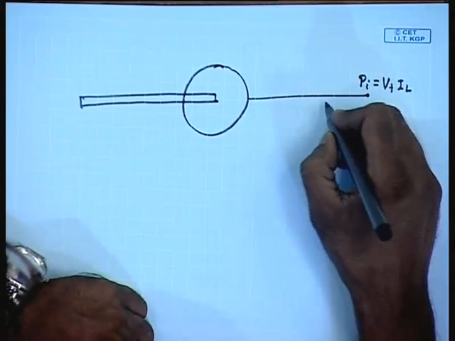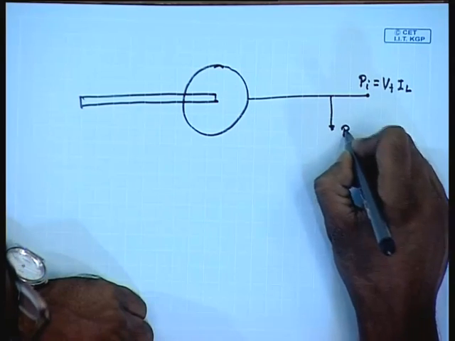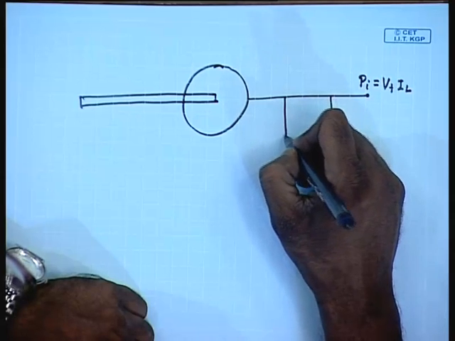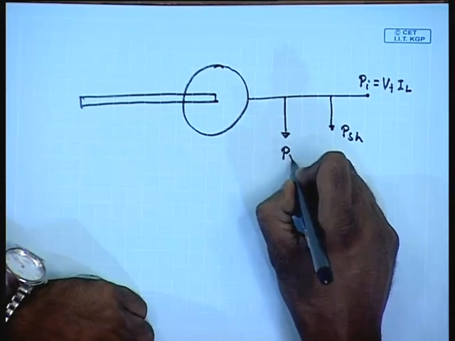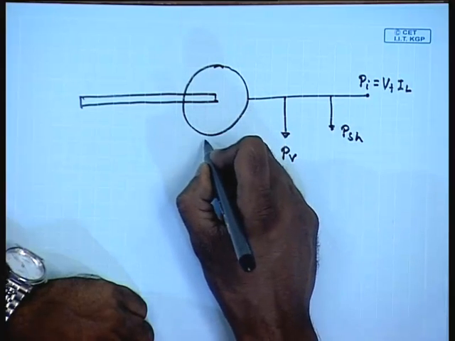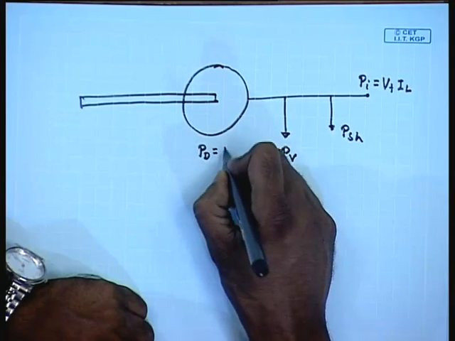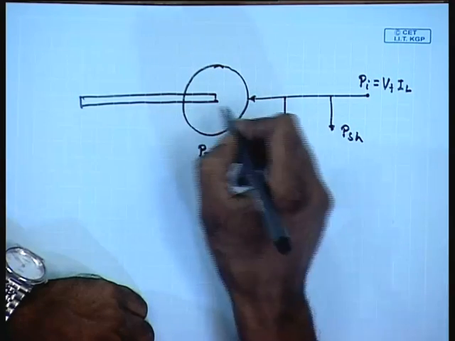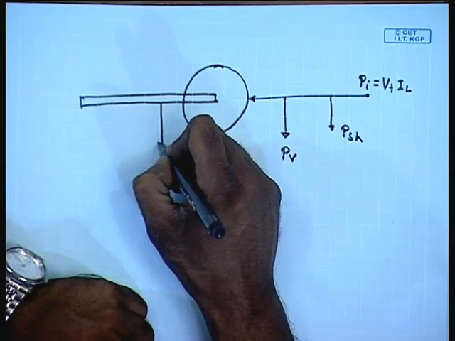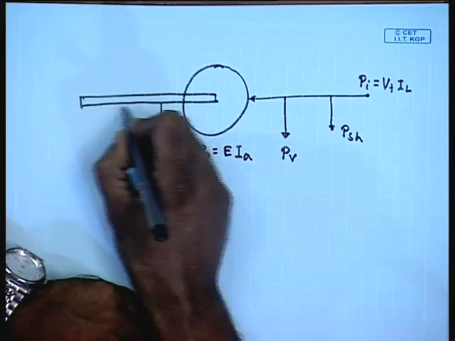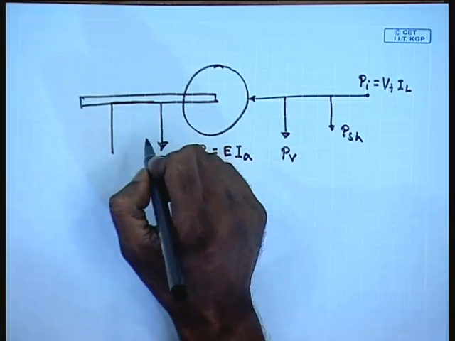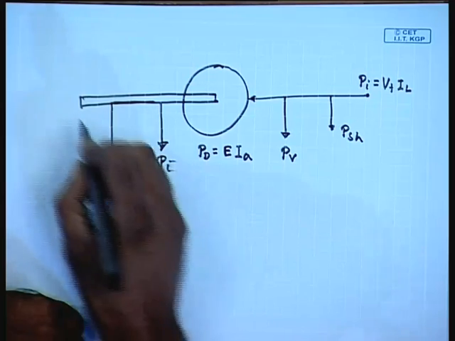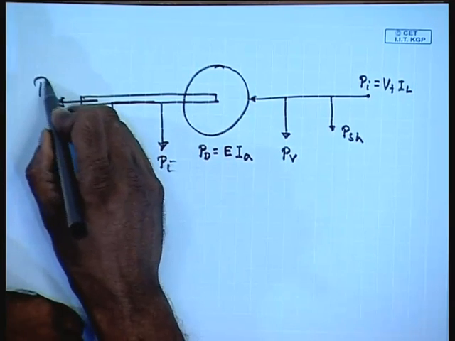The first component of loss that goes out is the shunt field loss, and then this Pv. Here you get P developed equal to E Ia. From there, P iron it has to overcome, and then it has to overcome mechanical losses, and finally you will have the mechanical power output.